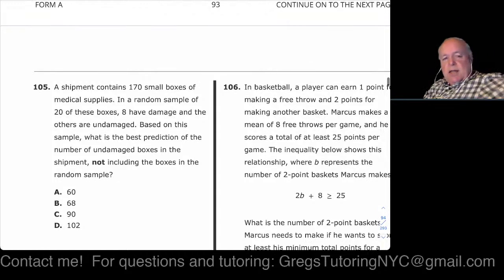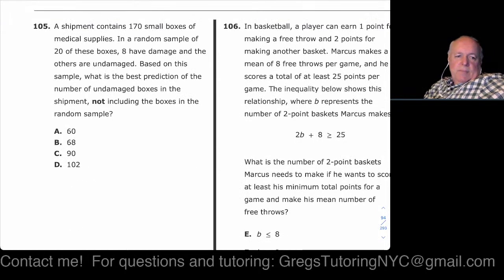Okay, this one confused a lot of my students. It is multiple step, and that "not" part there, where at the end it says not, that whacked a few of the kids. So let's see here. A shipment contains 170 small boxes of medical supplies.